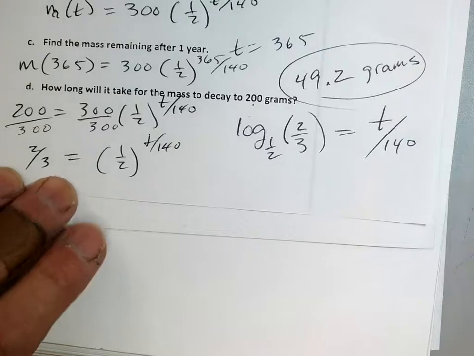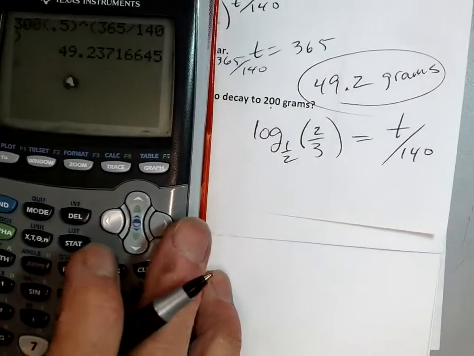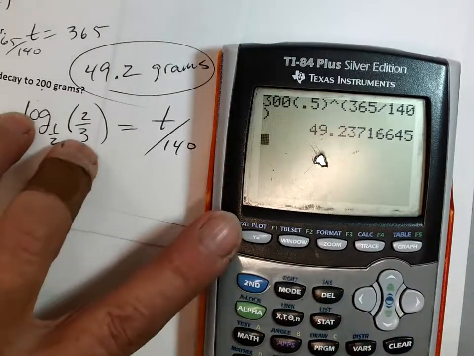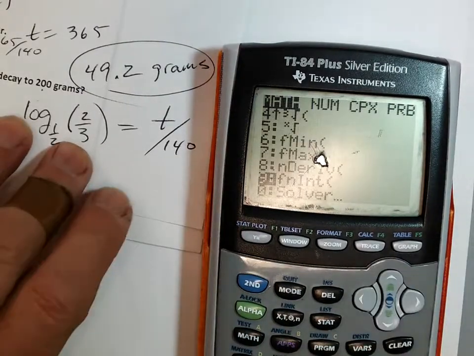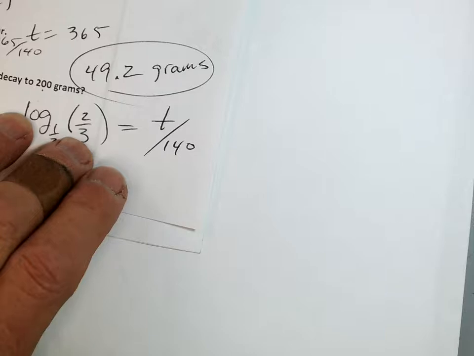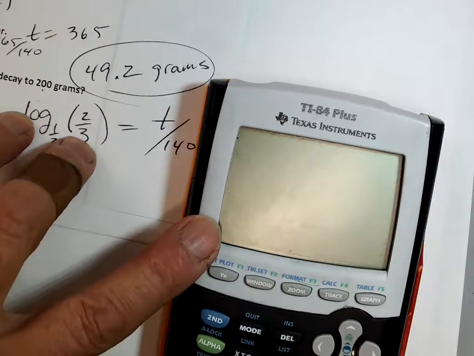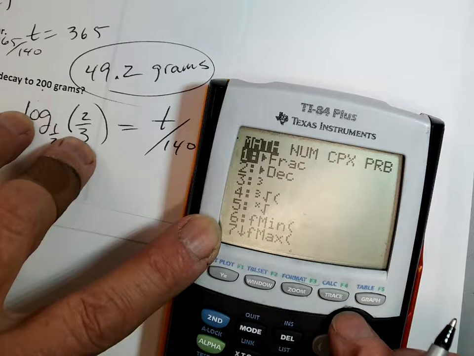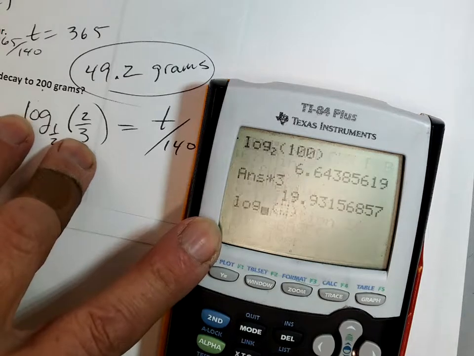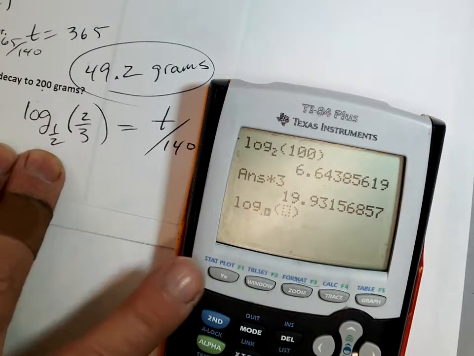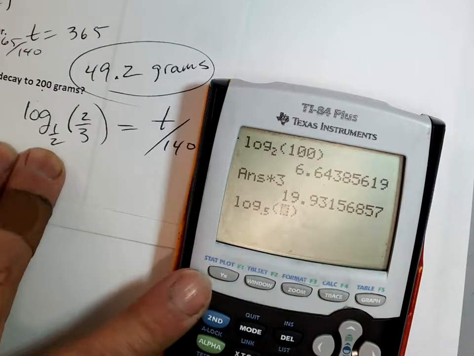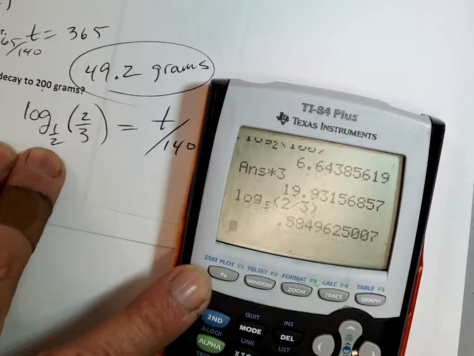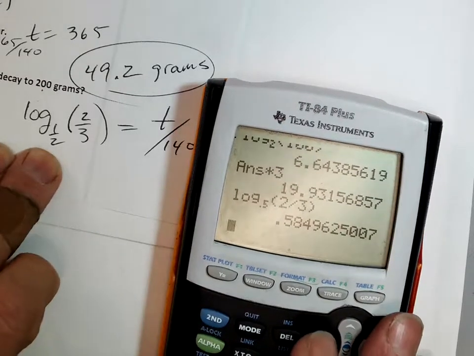I'm just going to use my calculator, going into the math button. Oh, I have the old calculator, so I have to do it a different way: log 2/3 divided by log 0.5, which gives 0.585.